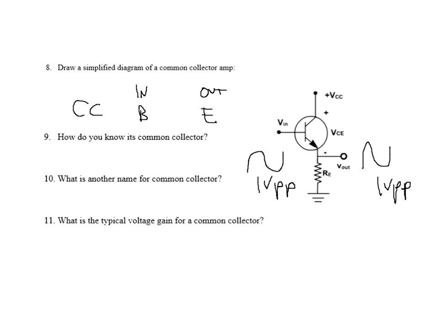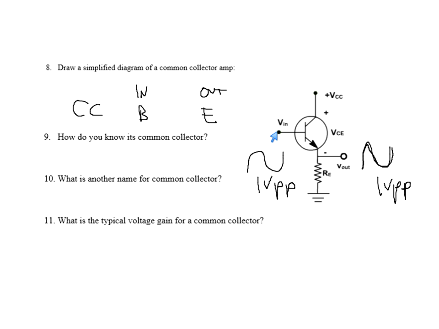And since the output follows the input step for step, it's sometimes called an emitter follower, because the emitter right here is following the voltage on the base, 1 for 1. You get the same voltage in and out. Sometimes you get a little bit less out. So this is called unity. When I get a voltage out that's equal to the voltage in, it's called unity.